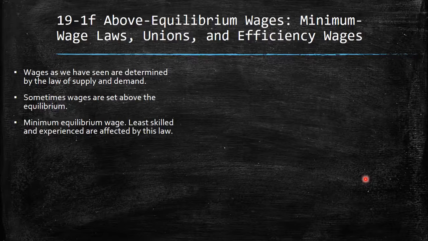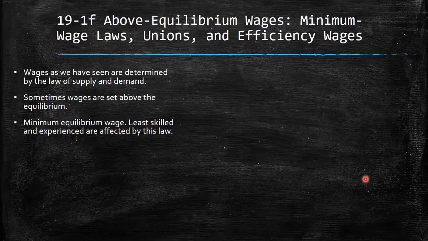One example is the minimum wage. The government set up a law saying companies cannot offer lower than this point of salary. This impacts the least skilled and least experienced most. Why? Because they will receive more, but unfortunately employers can cut these kinds of jobs more easily, right?